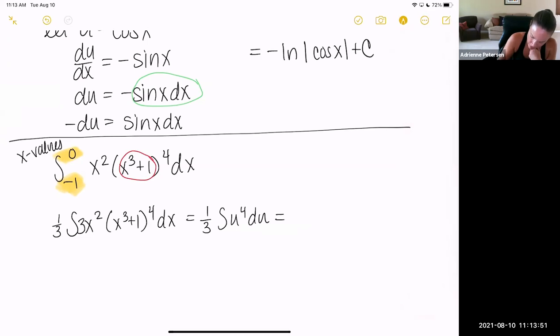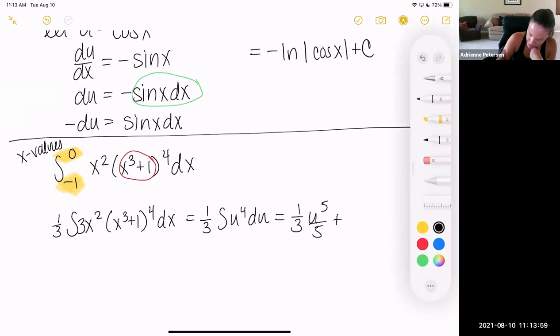So by reverse chain rule, I would have 1/3 u to the 5th over 5 plus, and we don't need the plus c, because we're working on the definite integral. And u was x cubed plus 1, so I have 1/15 x cubed plus 1 to the 5th. Okay, so now I have to write that separately.